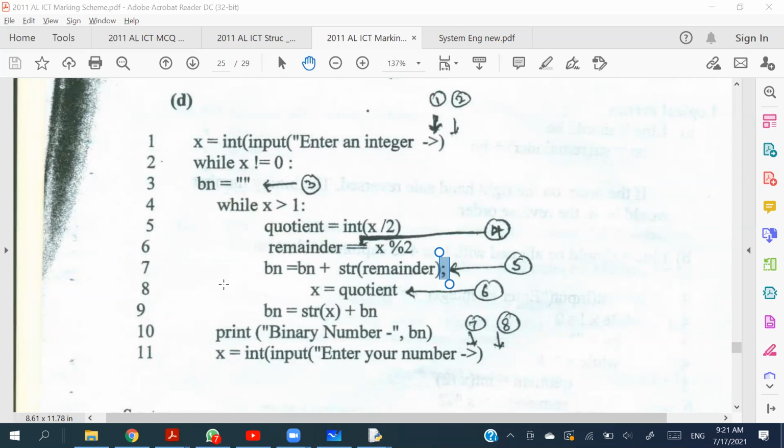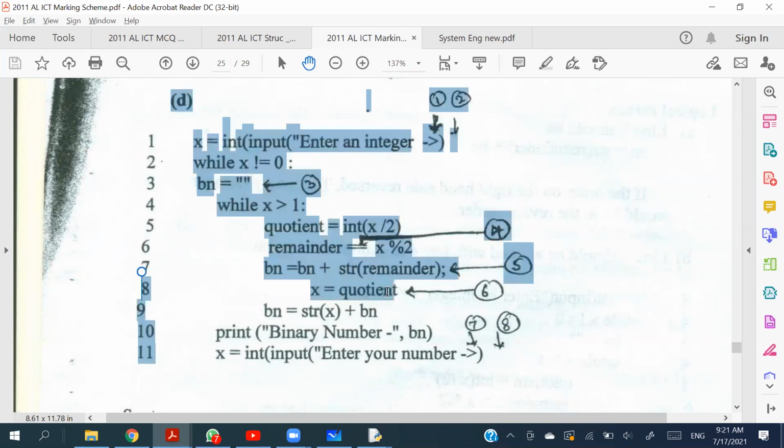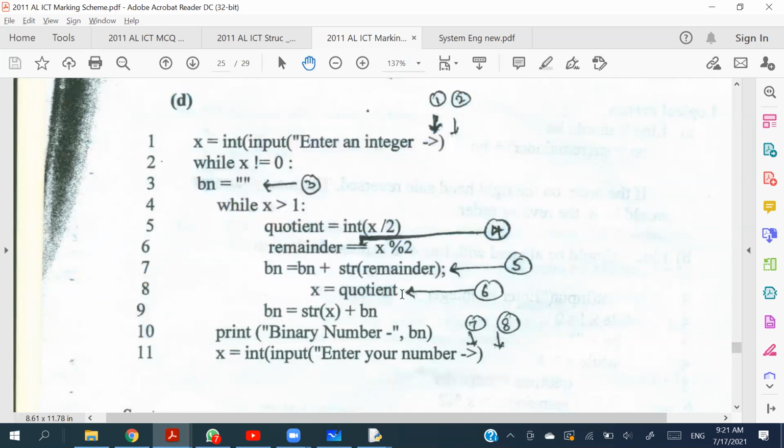So the eighth line has an error, which is being unwantedly indented. Because this is the compound statement, and these things are indented correctly, but this one has additional indentation.